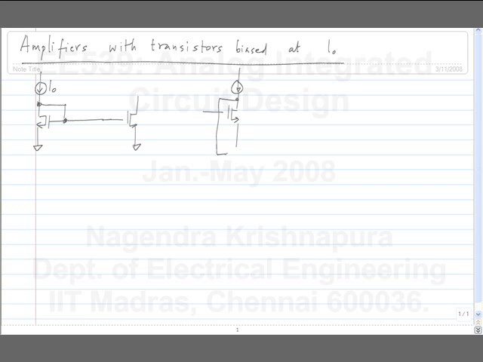Here we sense at the drain and feed back to the source. Here we sense at the source and feed back to the source. And finally we have feedback to the gate while sensing the current from the source.